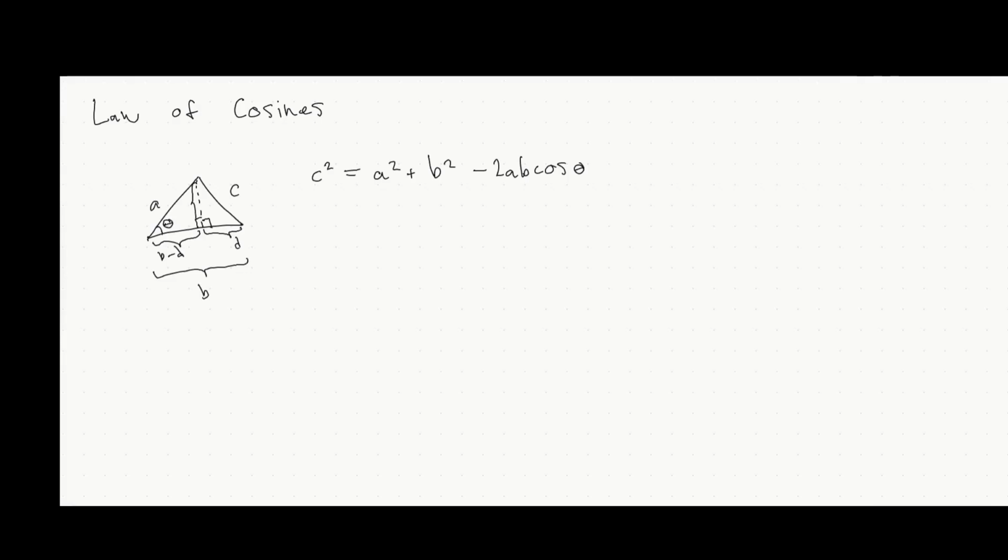And let's call this height H. And to keep things as simple as possible, meaning don't introduce additional variables we don't need, we know that the sine of theta is going to be h over a, opposite over hypotenuse, and so h is a sine theta.